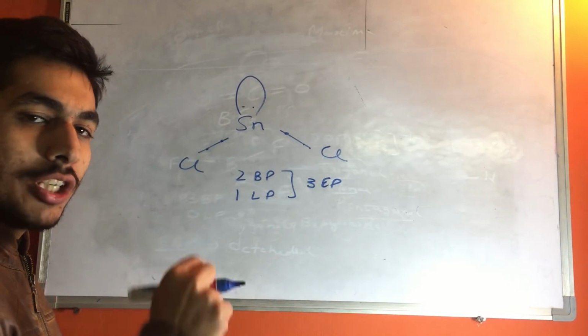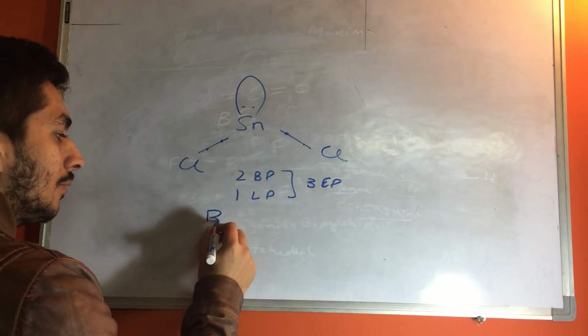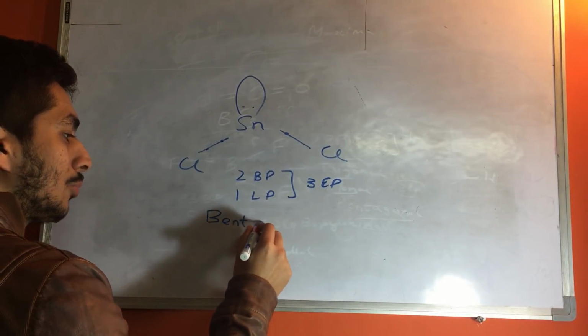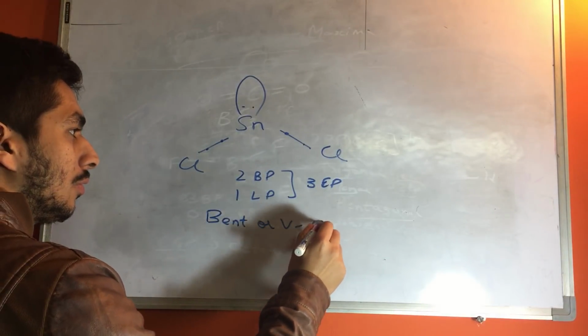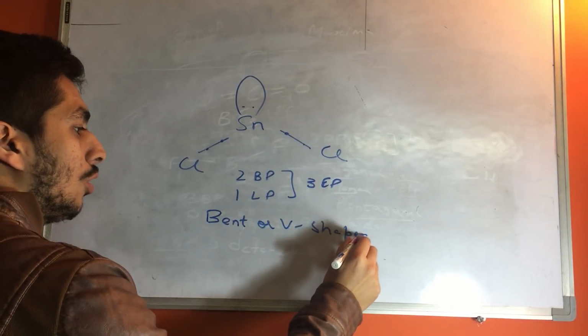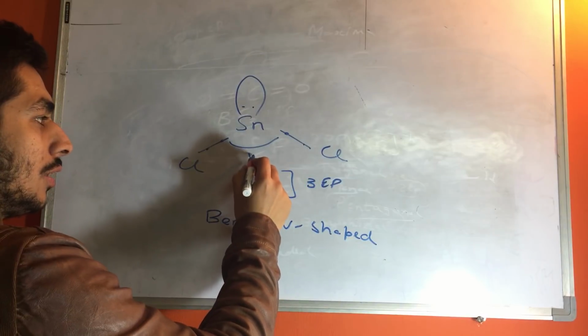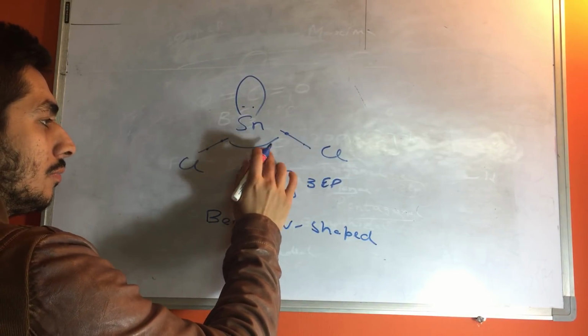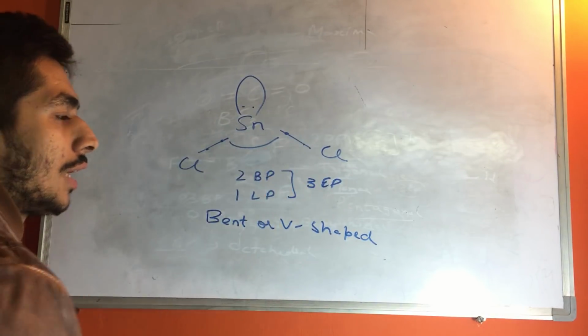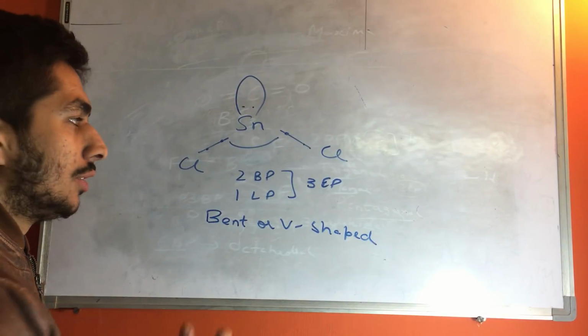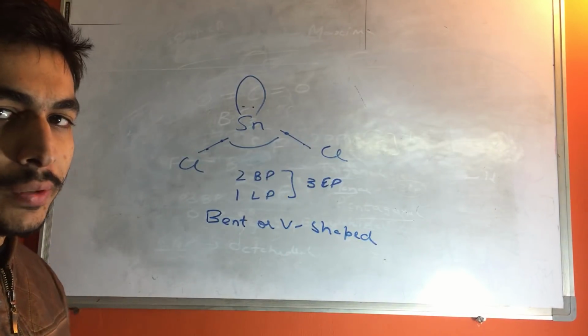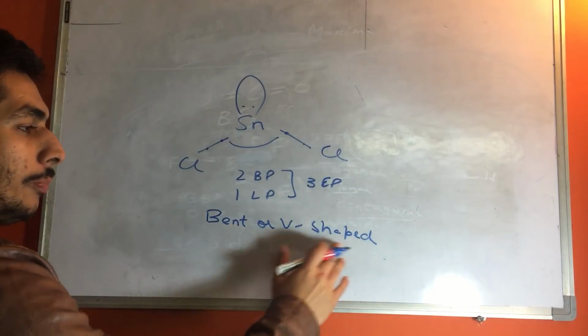But if you talk about the shape, it is bent, or sometimes also referred to as V-shaped. So it is bent or V-shaped, and this angle is less than 120 degrees. This angle over here is less than 120 degrees, and it's called bent or V-shaped.